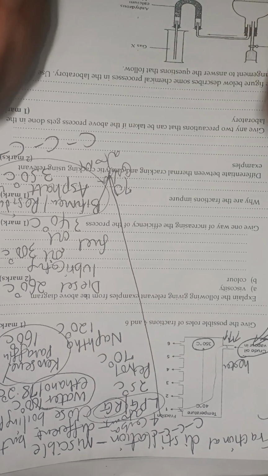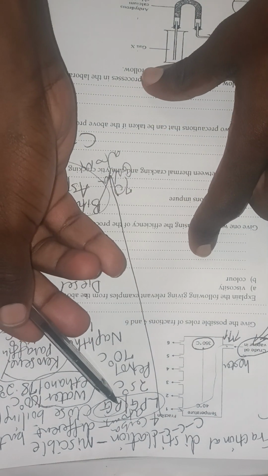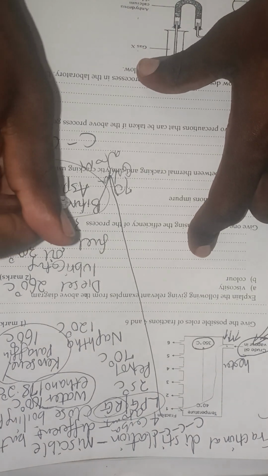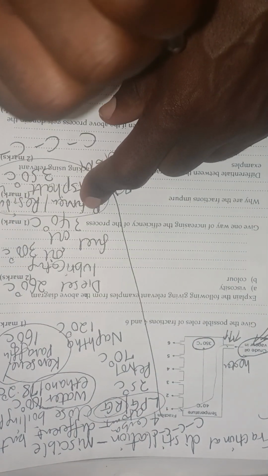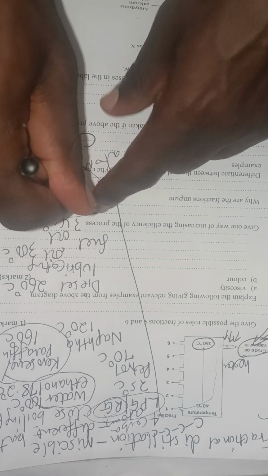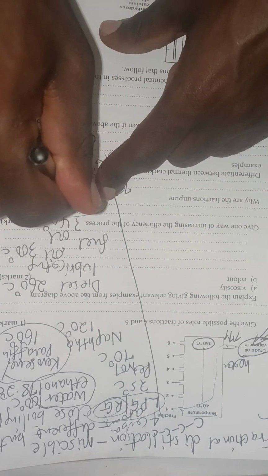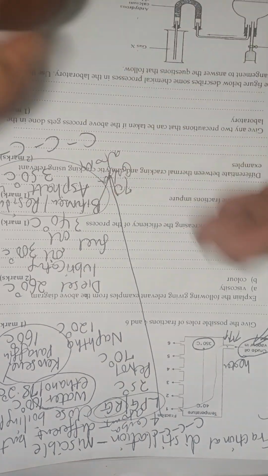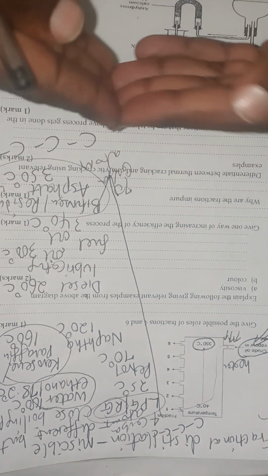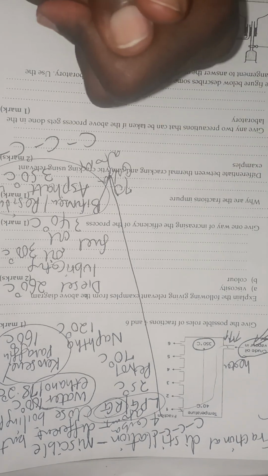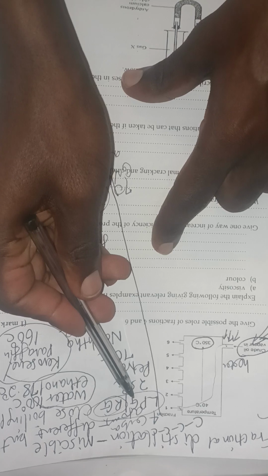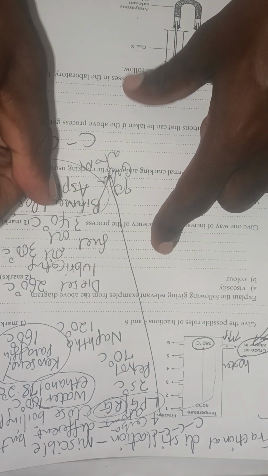So that tells you that LPG is less dense than bitumen. Bitumen is denser than LPG because it has a greater mass because of the increased number of carbon atoms. So the greater the mass, the greater the density of that substance. So density increases down the fractionating column, so the least dense is LPG and the most dense is bitumen.